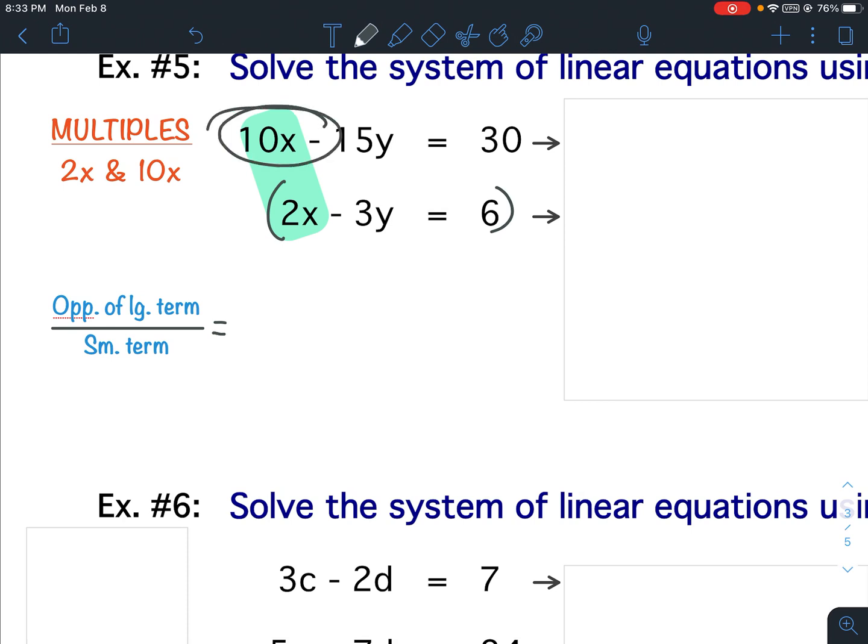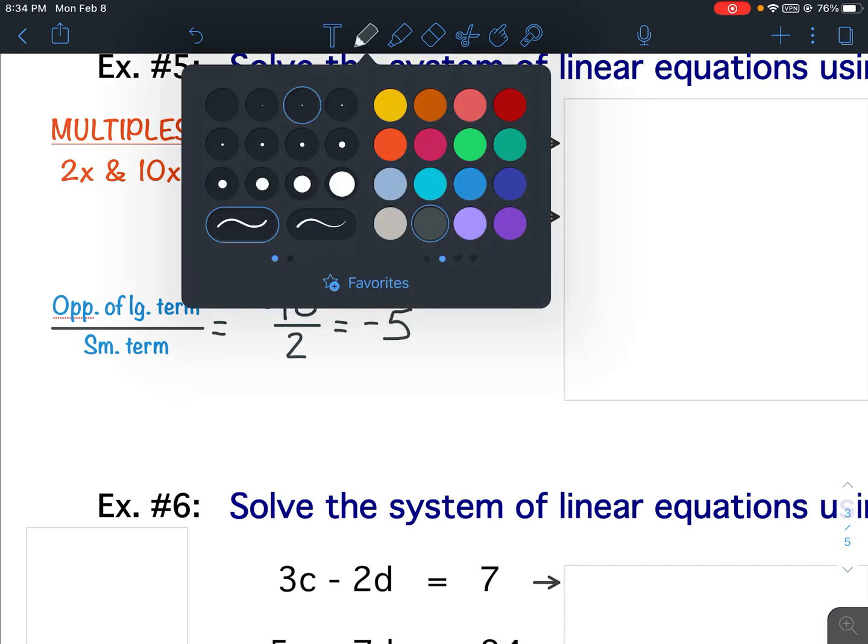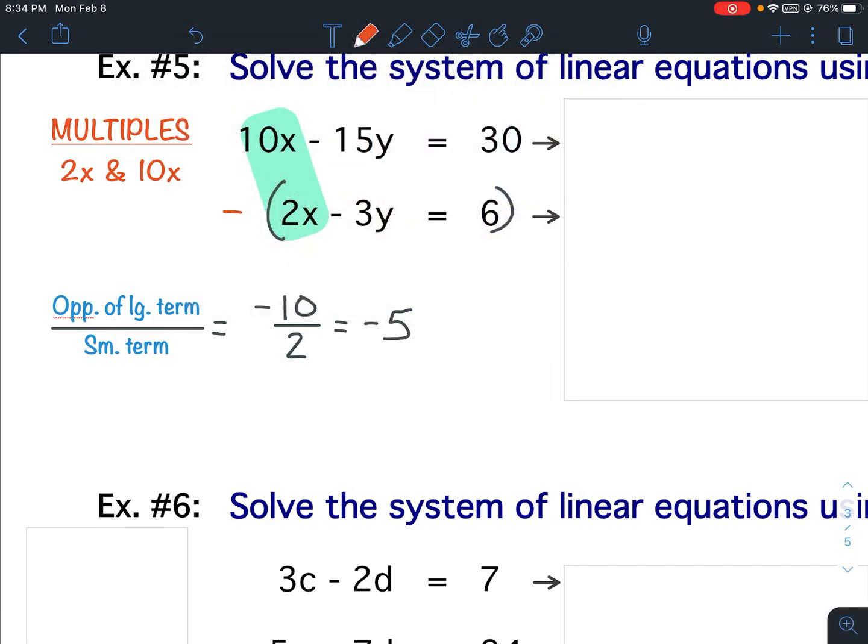So what is the opposite of this larger number? Since it's a 10x, in order to eliminate the 10, I need a negative 10. What's the smaller term? The smaller term is a 2. So negative 10 divided by 2 is negative 5. So I'm going to multiply this bottom equation by negative 5.